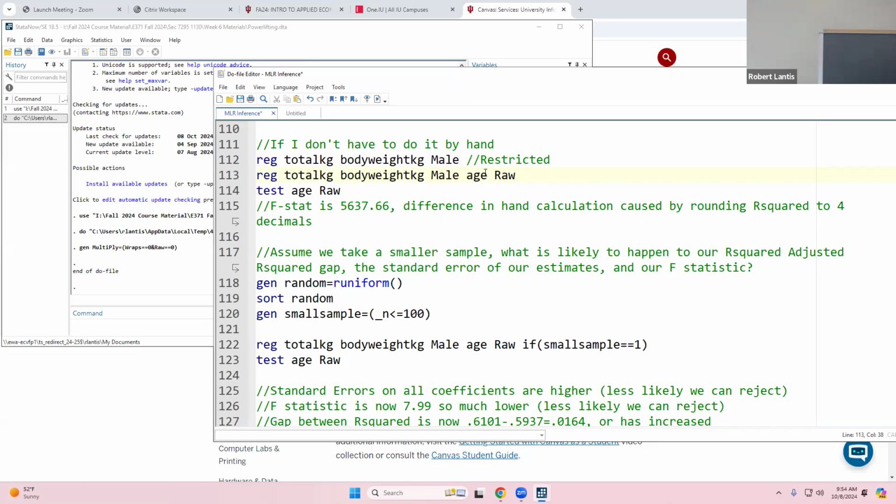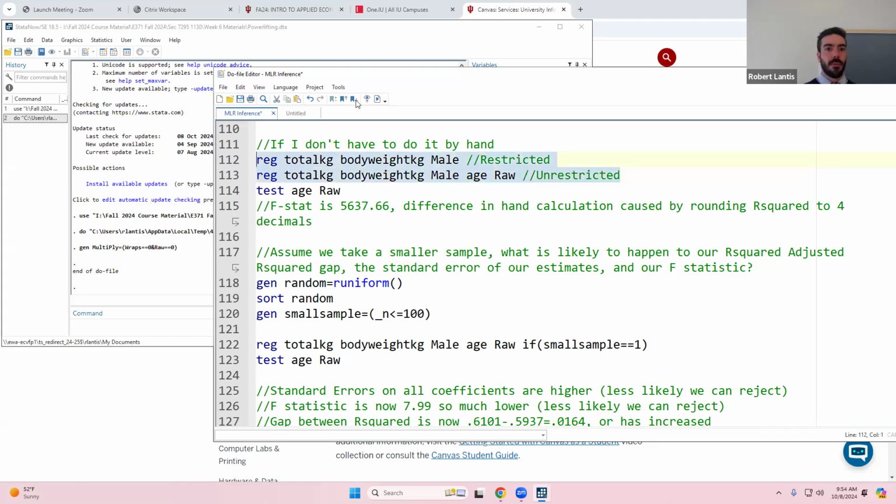Another way of thinking about this is, are they allowing me to make better predictions? Does adding these variables to my regression allow me to explain more of the variation in that Y variable? Okay, so we can run our restricted model and our unrestricted model.